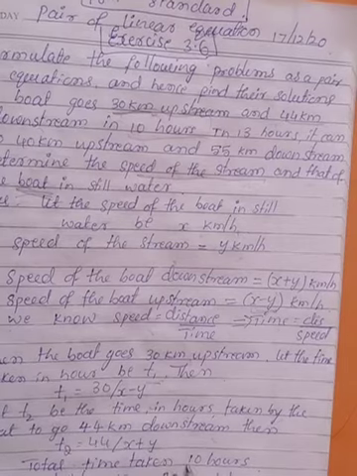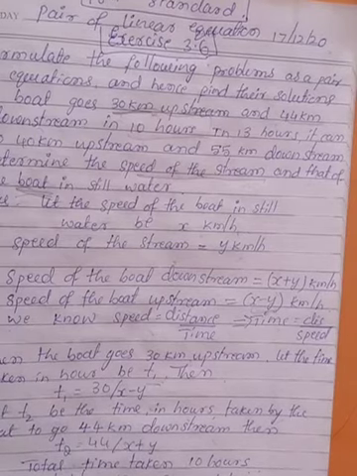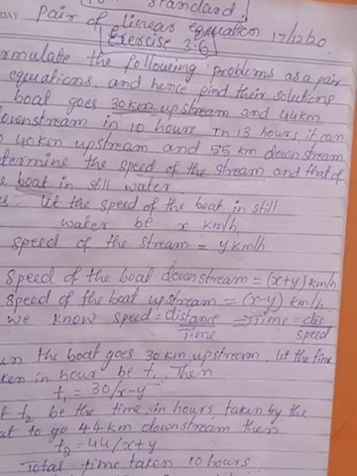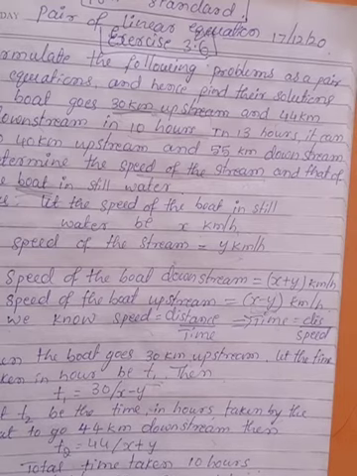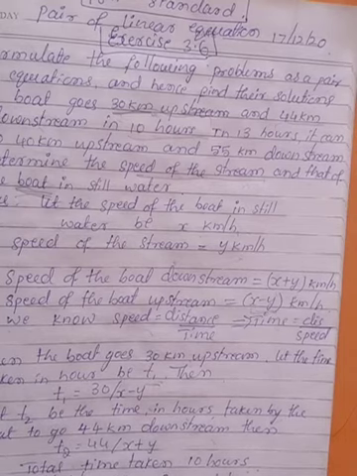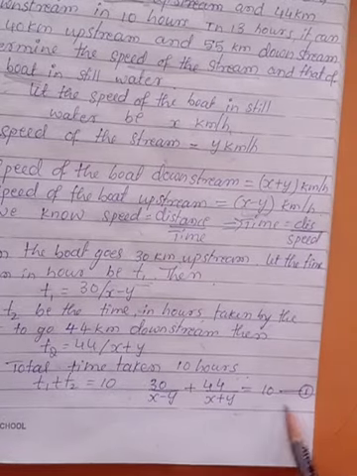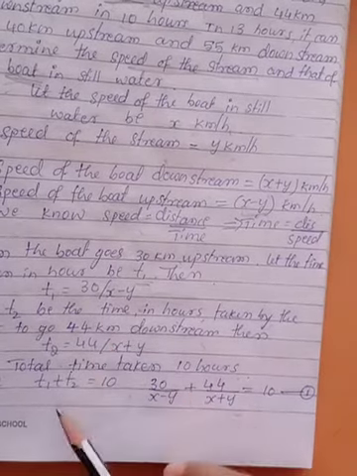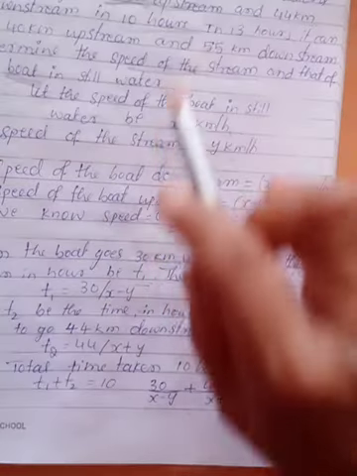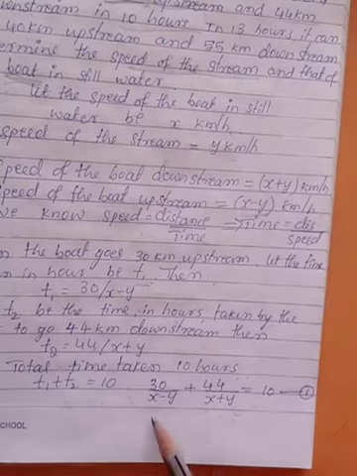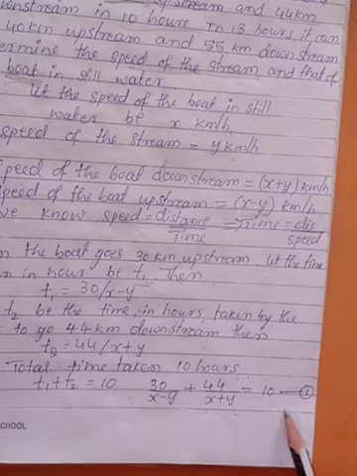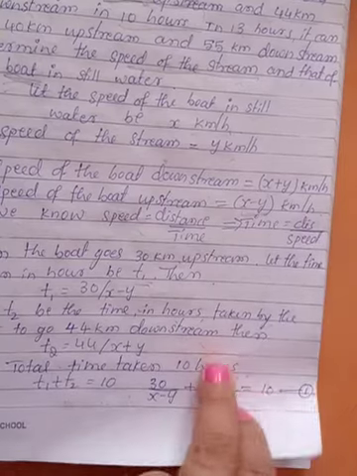Total time taken is 10 hours, so T1 plus T2 is equal to 10. That is 30 by x minus y plus 44 by x plus y is equal to 10. Call this equation 1.